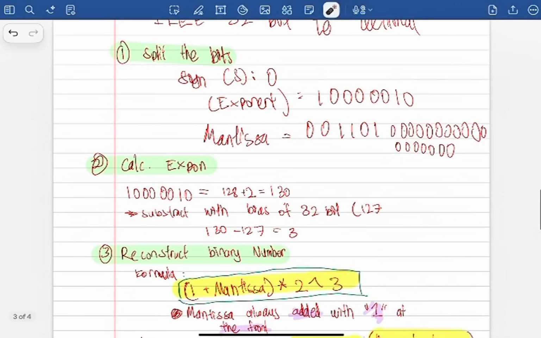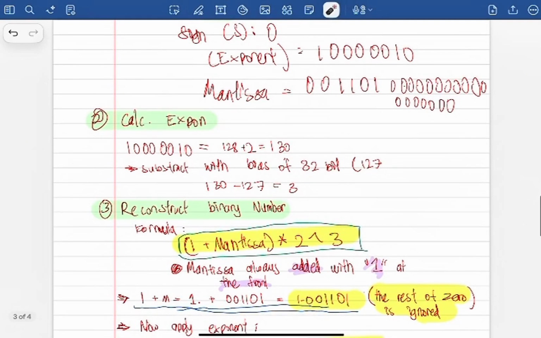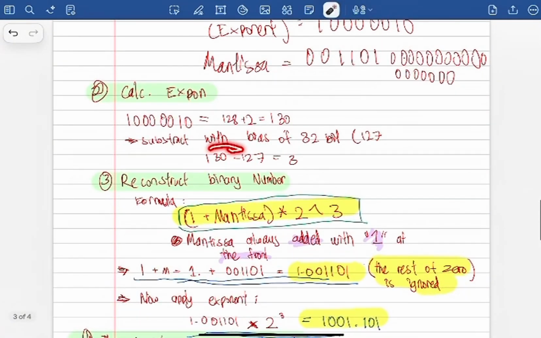Then as we already split the bits, we are going to calculate the exponent. The 8 bits, we first transform into a decimal number, which is 128 plus 2, equal to 130. Then we subtract the number with the bias of 32 bit, which is 127, and we get 3.